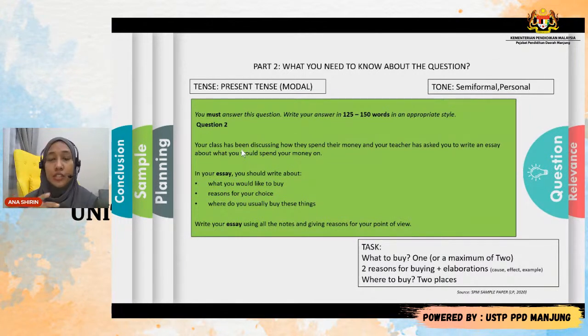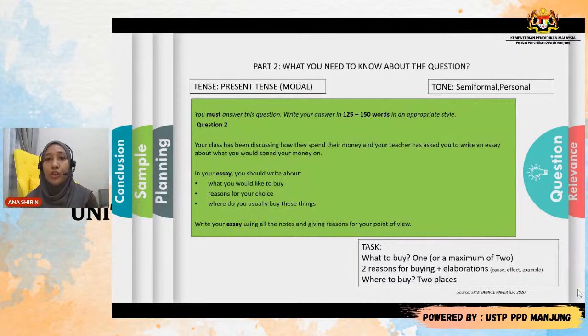How do we establish a semi-formal tone? In part 1, you would probably have a lot of active sentences. In fact, there are probably no passive sentences as well. But in part 2, you probably need to include 1 or 2 passive sentences to establish that degree of formality, right?